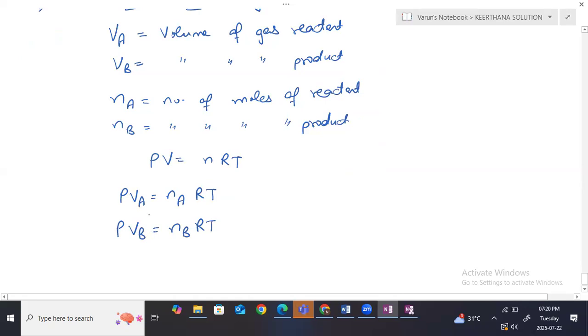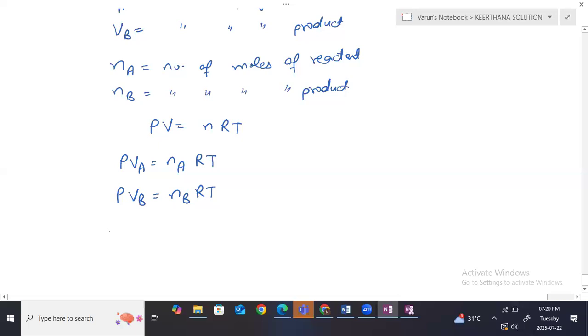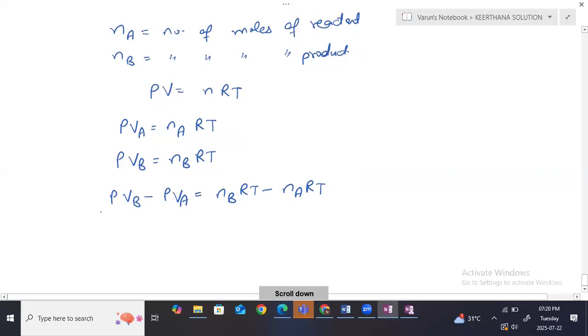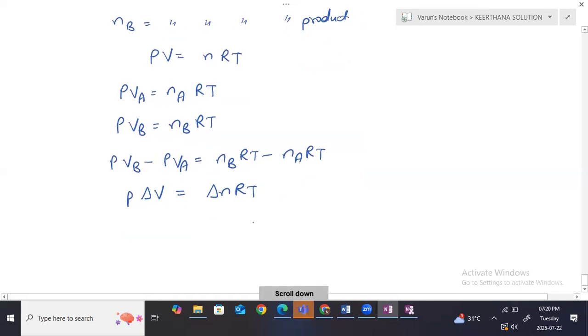What is the difference, product minus reactant? It will be PVB minus PVA is equal to NBRT minus NART. Correct? This I can write as P delta V is equal to delta n RT.